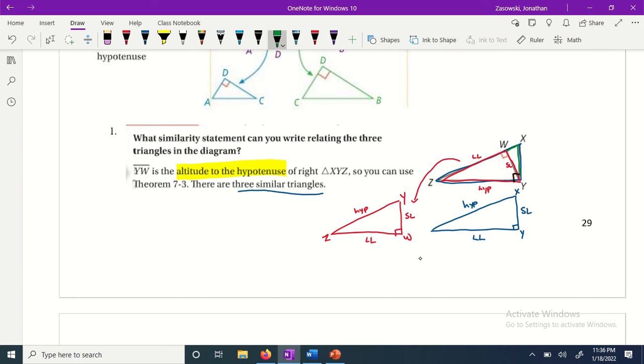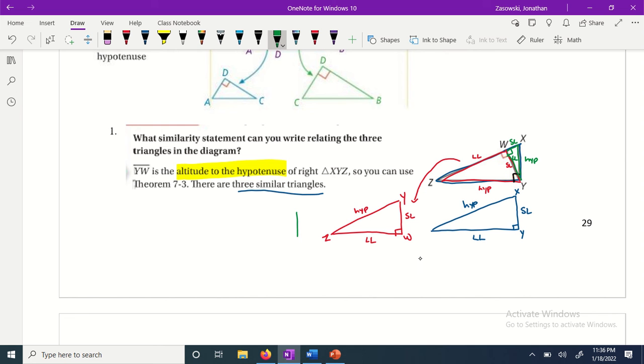Now the interesting thing to note is that the short leg of one triangle is actually the long leg in the other triangle. This is the long leg, the green triangle, and this is the short leg there. Our right angle is here, and so across from it is the hypotenuse. So this side, this altitude, is the short leg in the medium-sized triangle, but the longer leg, okay, in the smaller triangle.